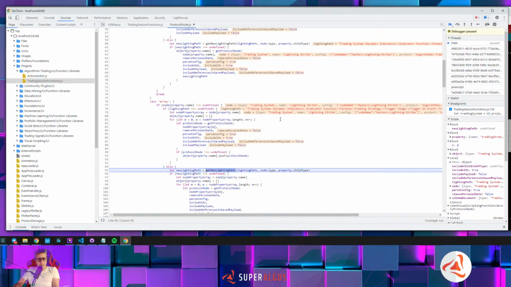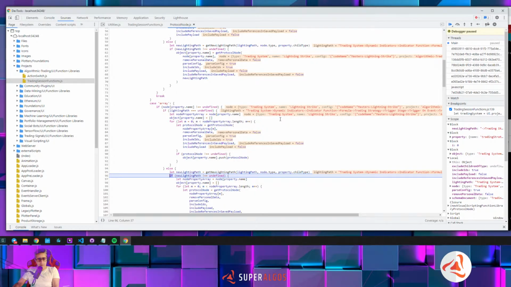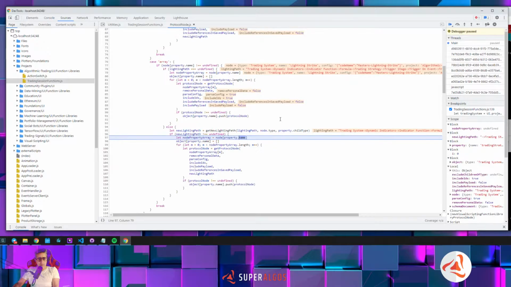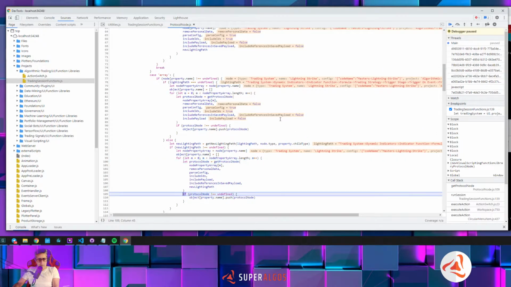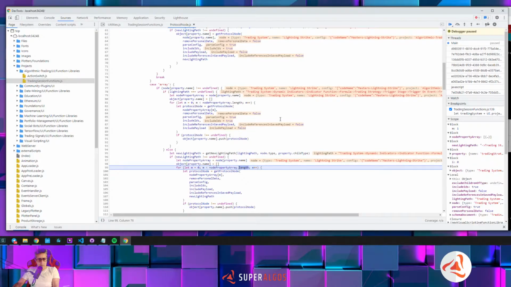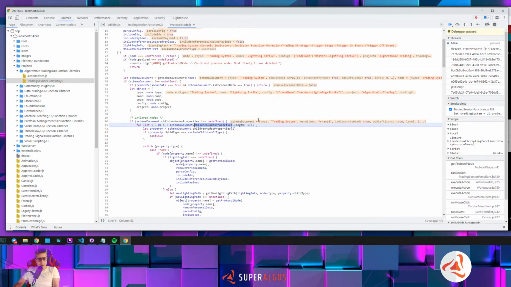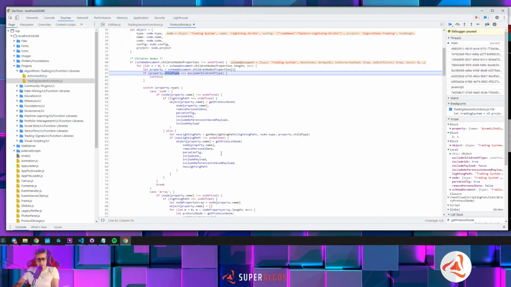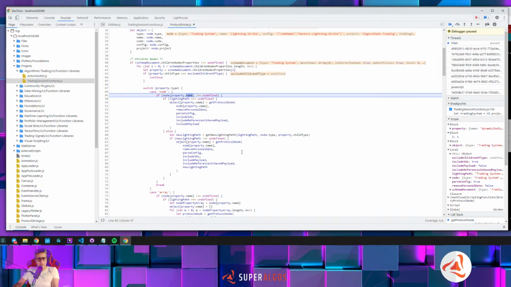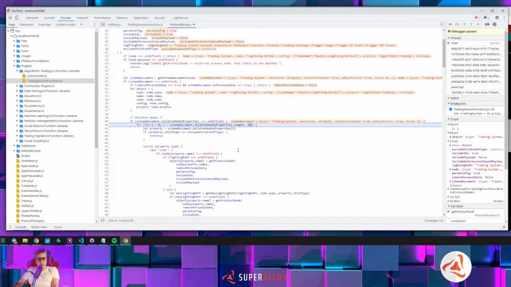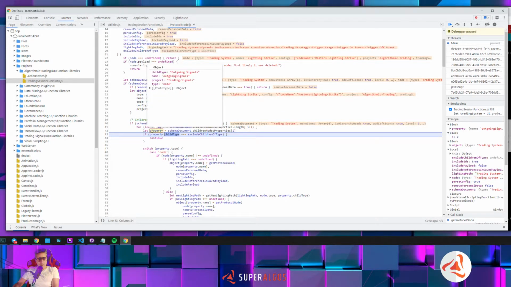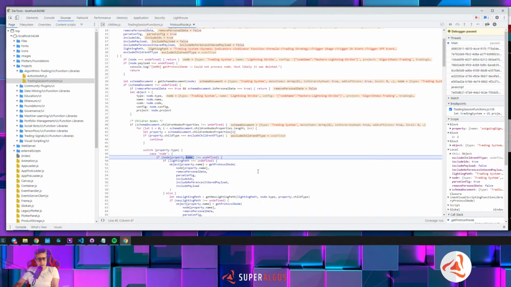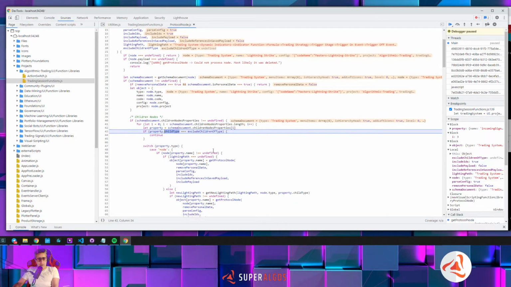Okay. Break. Property. Dynamic indicators. Maybe there is a mistake in the definition of that node. Dynamic indicators, okay. Property. Outgoing signals. Property.